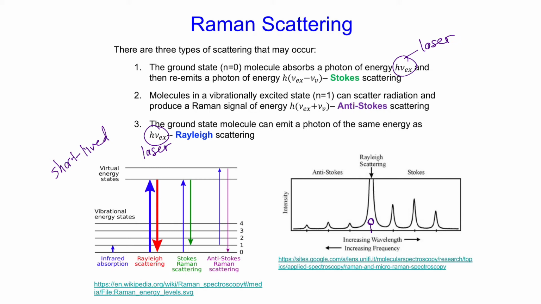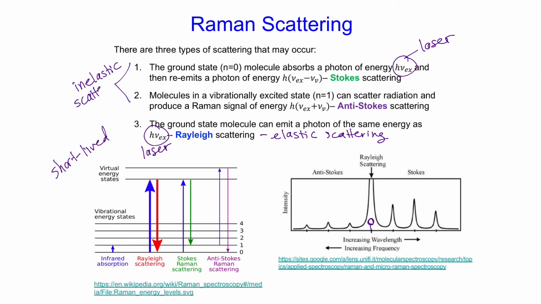Okay, so just to get some of our terminology situated here, remember that when you don't have a change in your energy with that scattering, that's going to be classified as an elastic scattering process. And then if you are getting a change in your frequencies and your energies, those would be classified as inelastic scattering.